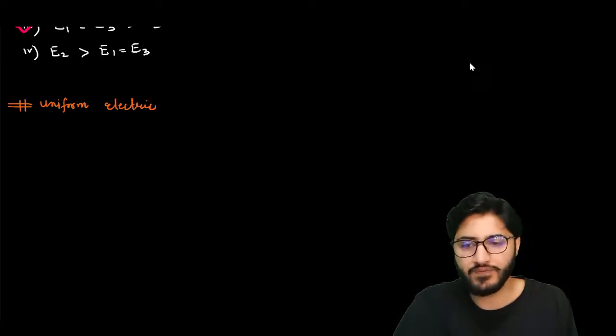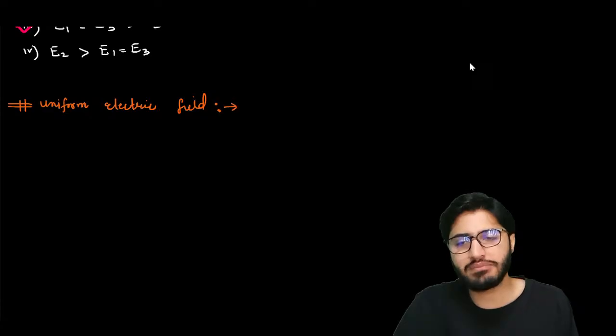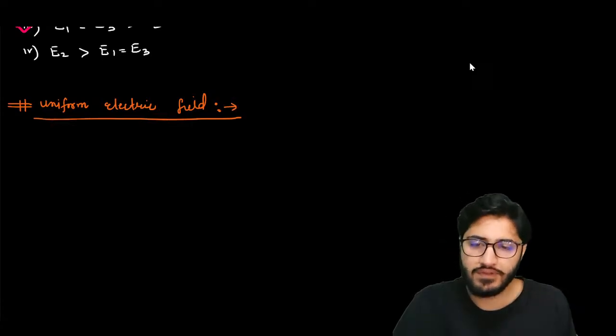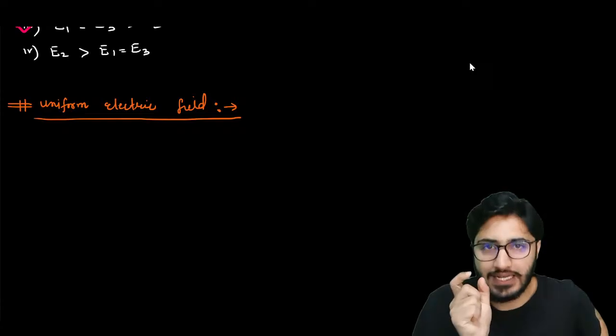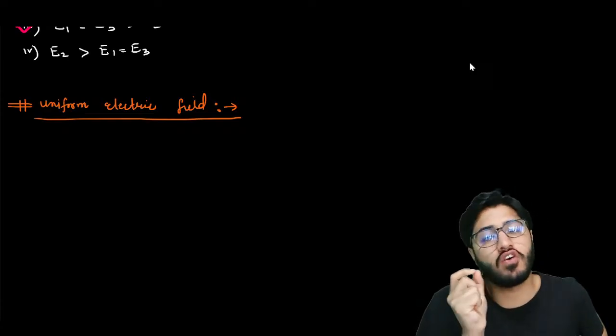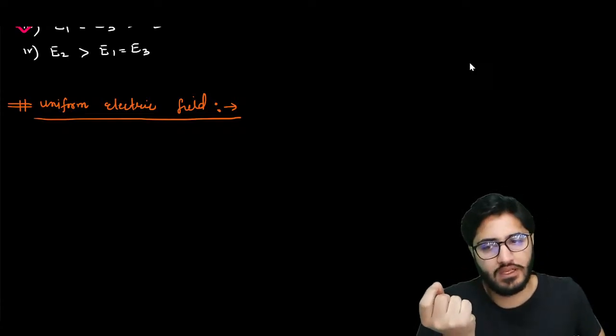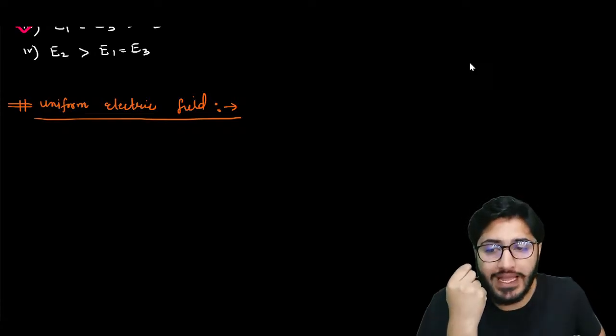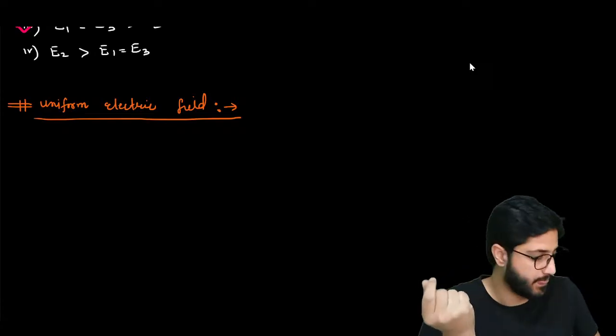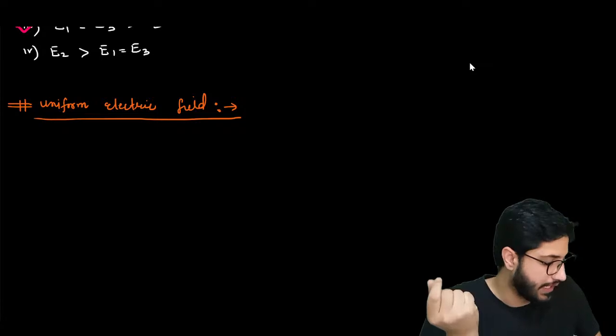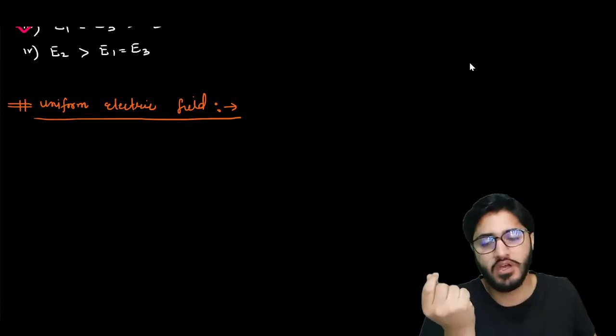Look, electric field lines are basically the representation of electric field. If you want to show that my electric field is uniform, we know one thing.